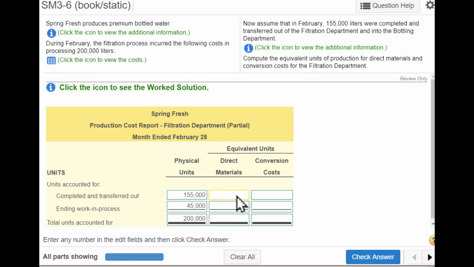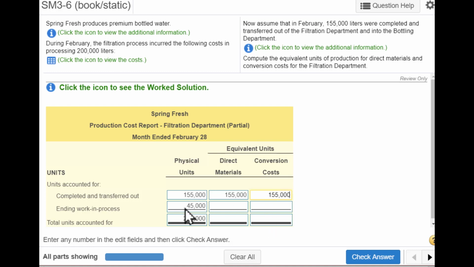So now let's talk about the direct materials. We have to figure out how many units have had the direct materials added to them. Let's just start with completed and transferred out. All of the units that were completed and transferred out are 100% done. Therefore, all of them have had the direct materials, and all of them have had the conversion costs, which is direct labor and manufacturing overhead costs, added to them.